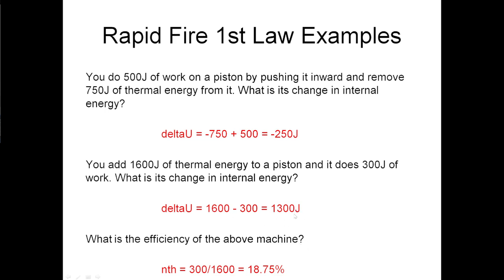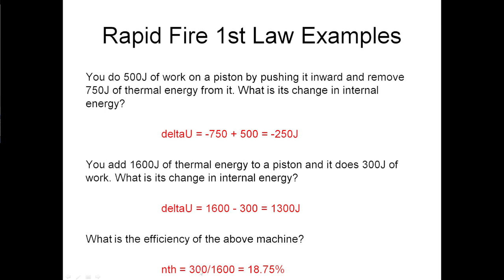And with these numbers, we could also calculate the efficiency of this particular piston. The formula for efficiency is efficiency equals machine output divided by machine input. This machine is able to do 300 joules worth of work.